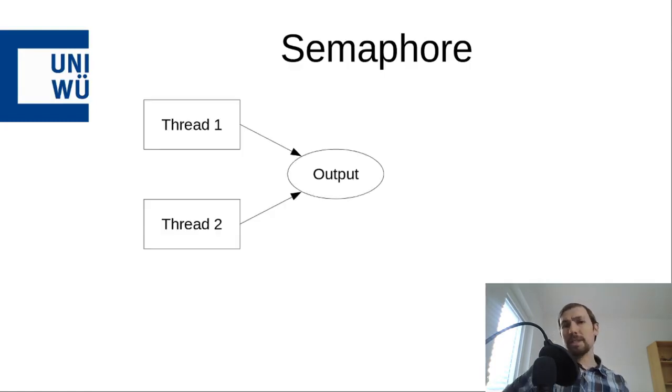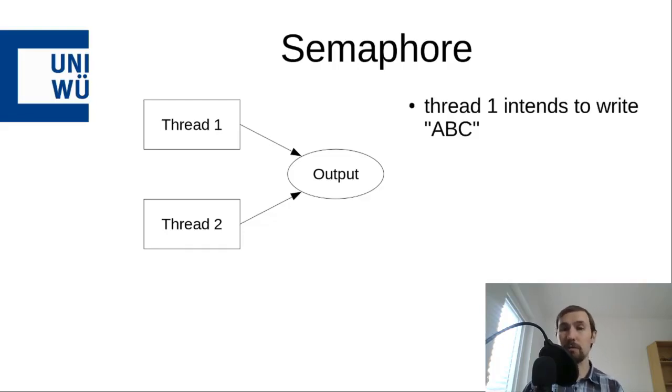A simple example is this one. This is what I'm going to show you. We have two threads that want to access a device, an output device for example. The first thread intends to write ABC to the output device.